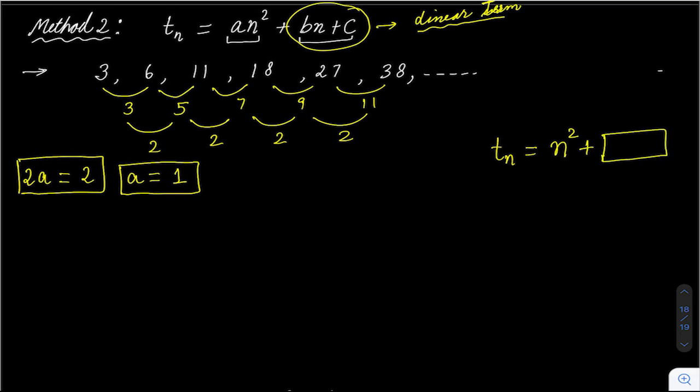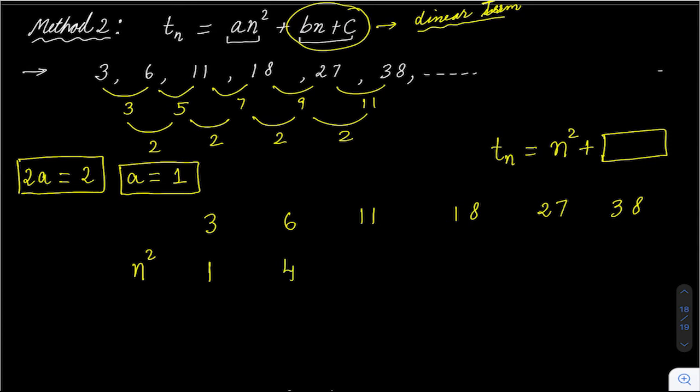So the first thing we do after this is write our sequence terms, 3, 6, 11, 18, 27 and 38, and then we write n square. What are the n square values? Because our Tn contains n square. If n is 1, it will give me 1.